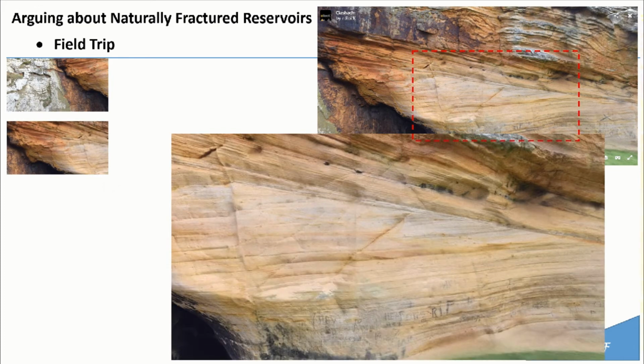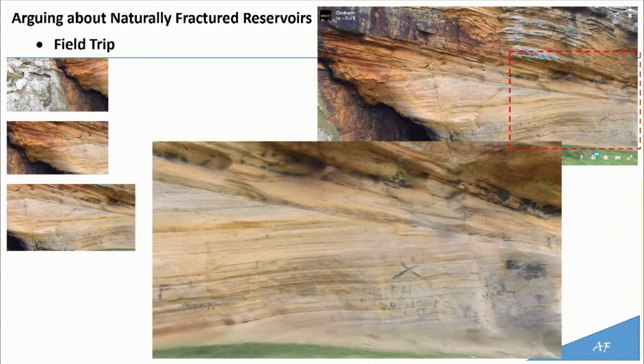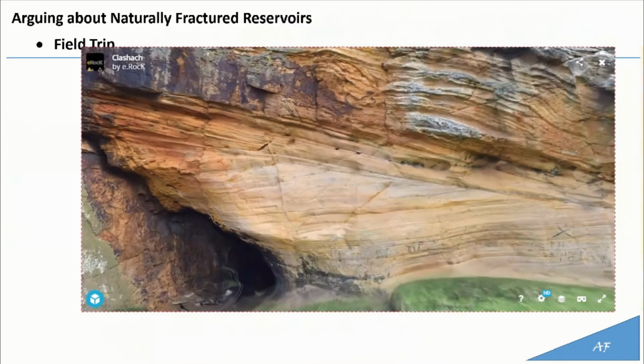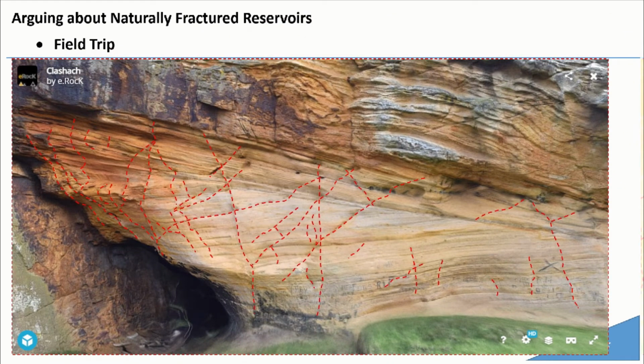It progressively decreases moving far from the fault plane, as highlighted by these images. So, a fracture intensity that decreases gradually moving away from the fault plane.